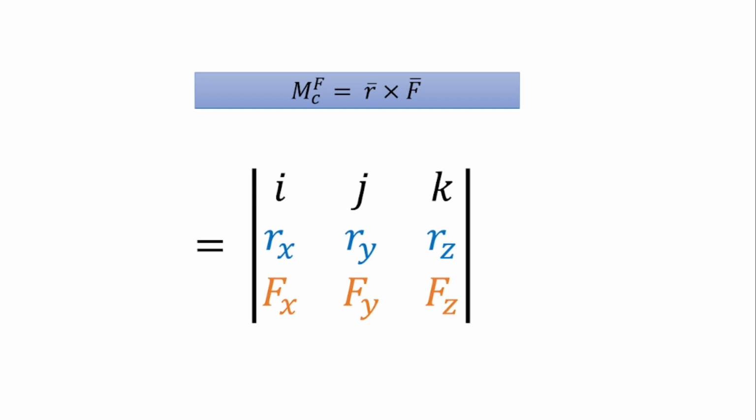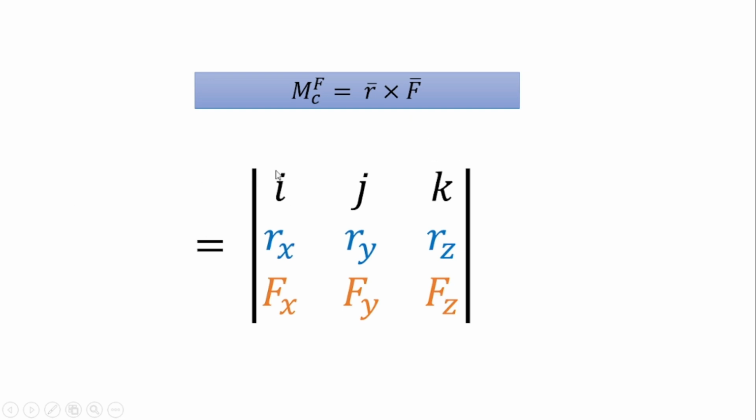So you might get confused about how to find the cross product, but it is very simple. You should have the knowledge of determinant. So here we can form i, j, k parts, then write the Rx part of the position vector, Ry of the position vector and Rz of the position vector, and in the last row we'll write the Fx component of the force vector, Fy component of the force vector and Fz part of the force vector.